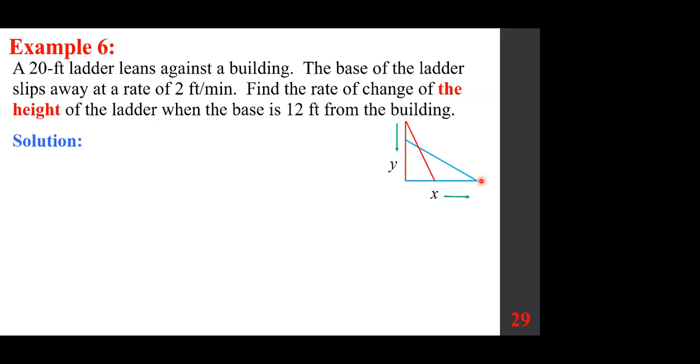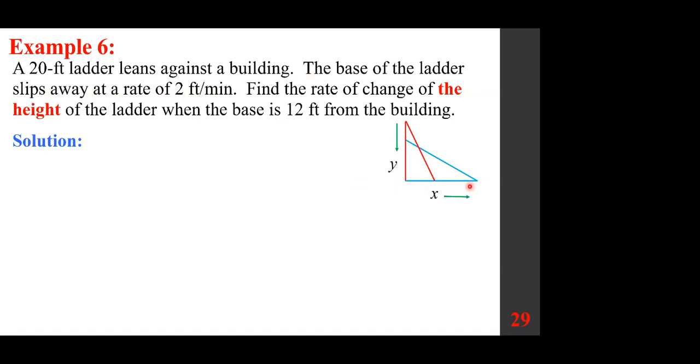So let's go back and reread again. A 20-foot ladder. Notice this is fixed at 20 feet. The resulting shape, of course, is a right triangle. So what's happening, the base of the ladder slips away at a rate of 2 feet per minute.